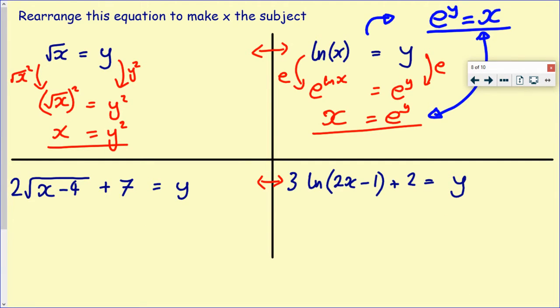We're going to subtract 7 from both sides. Before we can get rid of this square root, we're going to have to get rid of the 2 and the 7, because we can't just square everything in a minute. It would make a real mess. So first of all, let's subtract 7 from both sides. Then let's divide everything by 2.